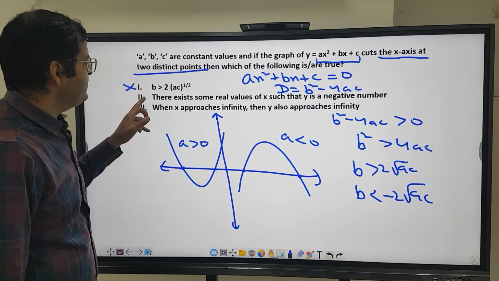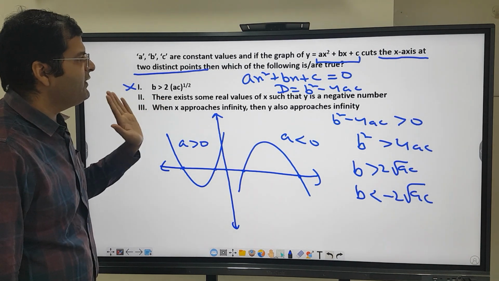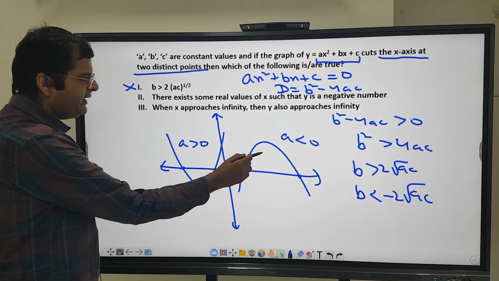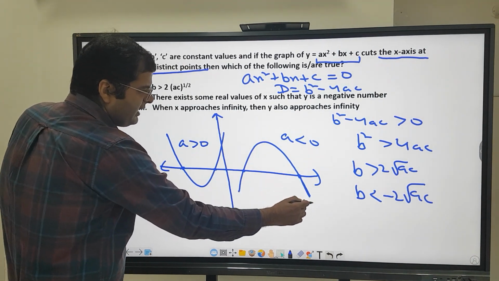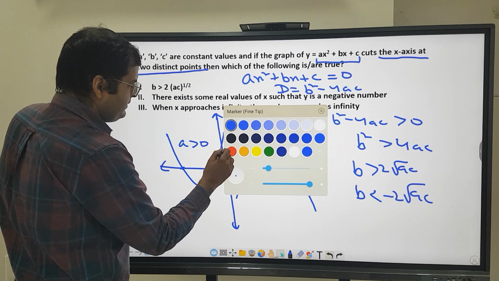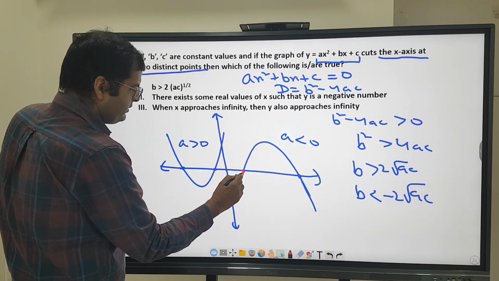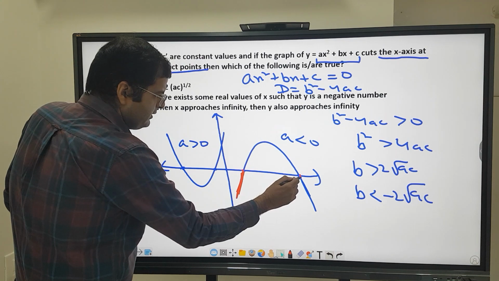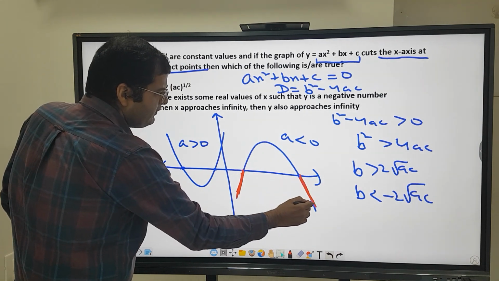Now the second option says there exist some real values of x such that y is a negative number. If I look at this graph, the graph is like this. Over here in this region, which I am making red for the graph, y will always be negative.